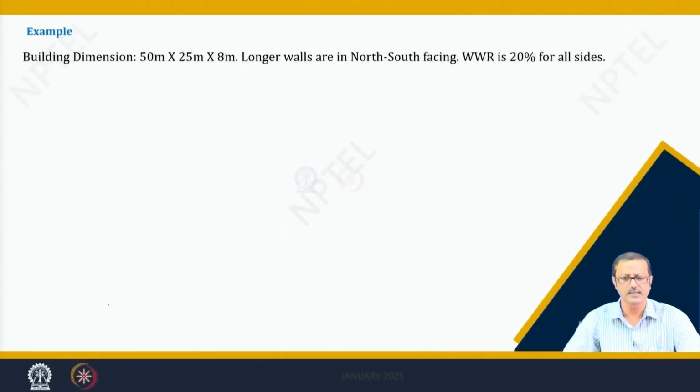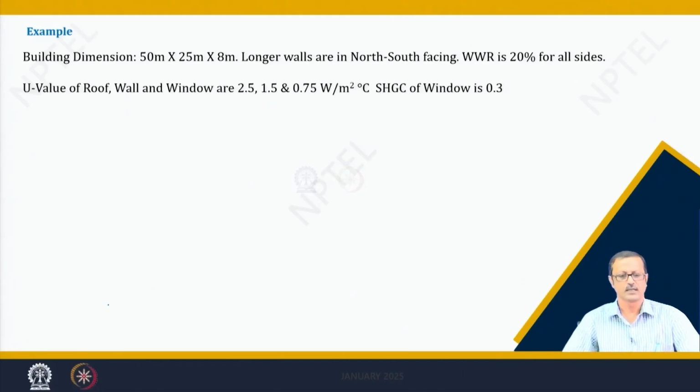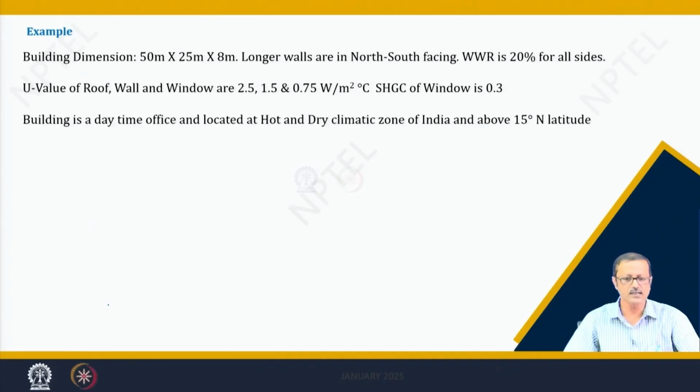Suppose there is a building whose dimension is 50 meter by 25 meter by 8 meter, north south oriented, 20% WWR. The U values of roof, wall and windows are given, the SHGC of the window is also given, and thirdly we need the climate data. It is a daytime office building, run for 12 hours only in the morning, and located in the hot dry climatic zone of India above 15° north latitude.